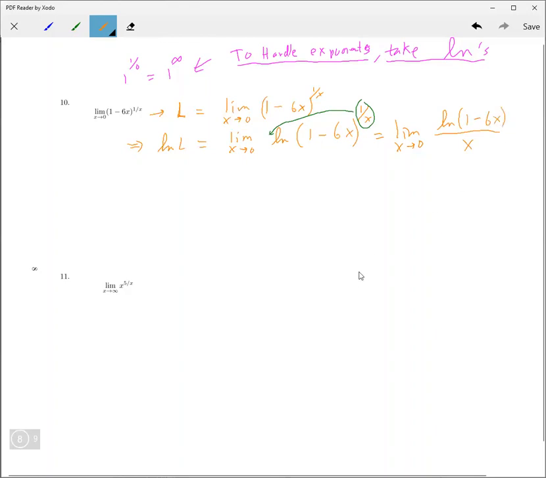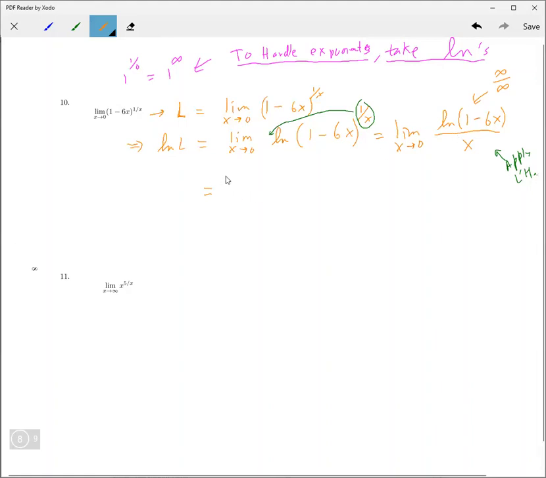I end up with that. And now this is infinity over infinity, and I can apply L'Hopital's rule to this.